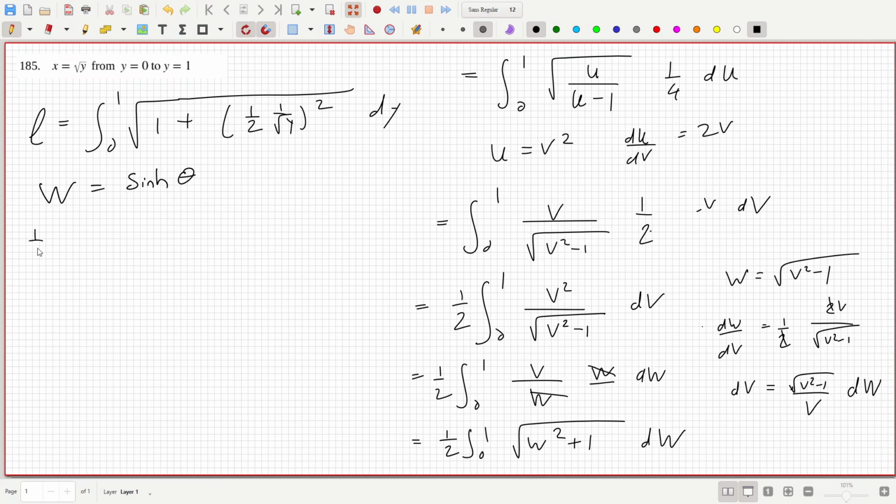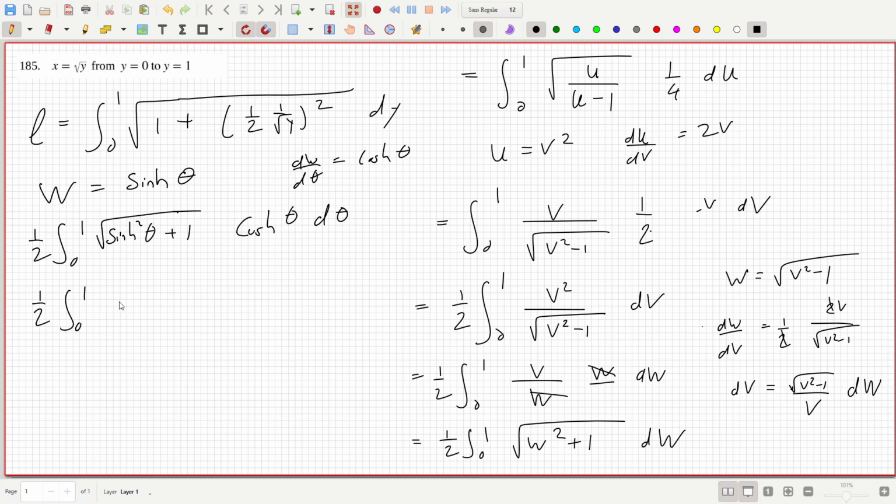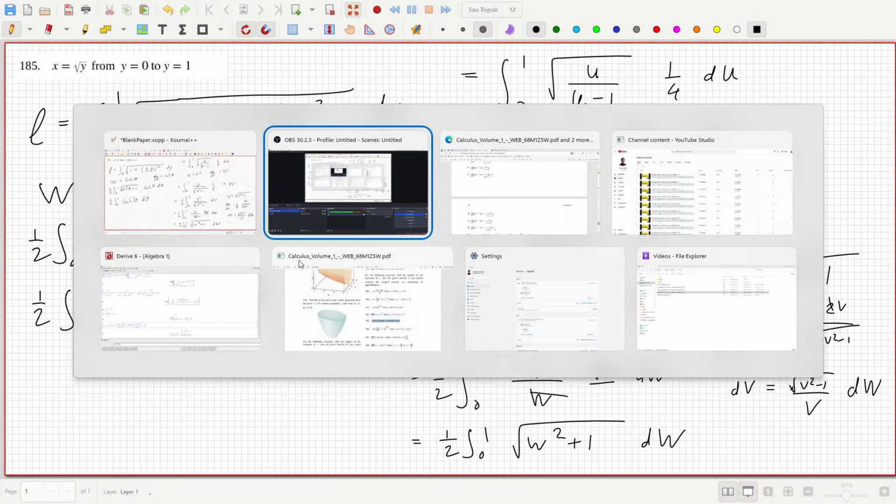So then the integration becomes a half, 0 to 1, root hyperbolic sine squared theta plus 1, which is then cosh. And then the dw d theta, that's hyperbolic cosh. So the dw can get replaced by cosh there. So then that's a half, 0 to 1. That's a cosh and that's a cosh. So now that becomes hyperbolic cosh squared. All right, hang on. We'll get there.